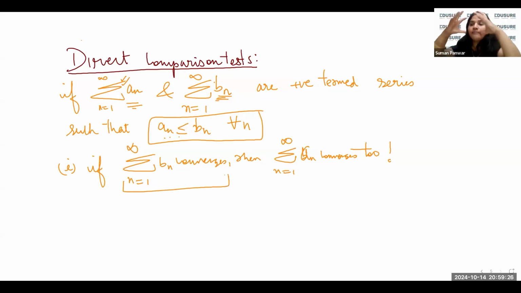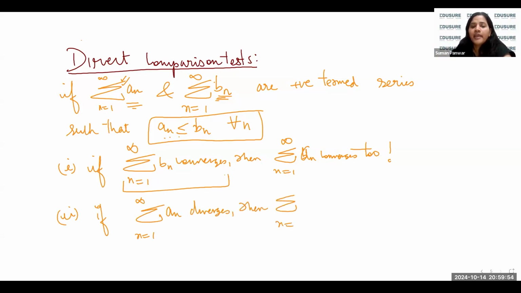So if I have a bigger convergent series, okay, and I have a smaller series than this bigger convergent series, then the smaller series will converge too. It cannot diverge. Okay. And if you want to talk about divergence, if the smaller series, sigma a_n, n going from 1 to infinity, diverges, then sigma b_n, n going from 1 to infinity, diverges too.